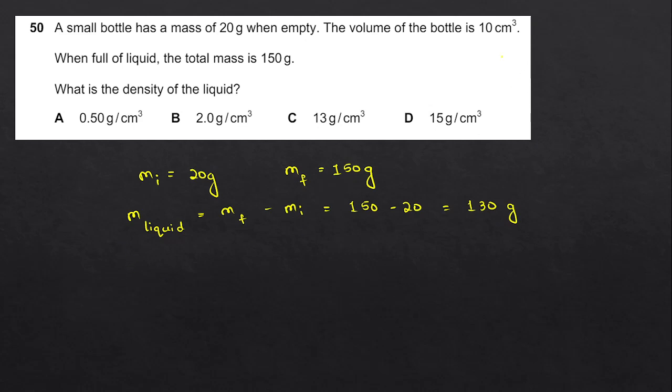And we know what is the volume. Volume is 10 cm cube. We'll write down density equals mass by volume. So it is 130 upon 10. This is equal to 13 grams per cm cube. So the correct answer is option C.